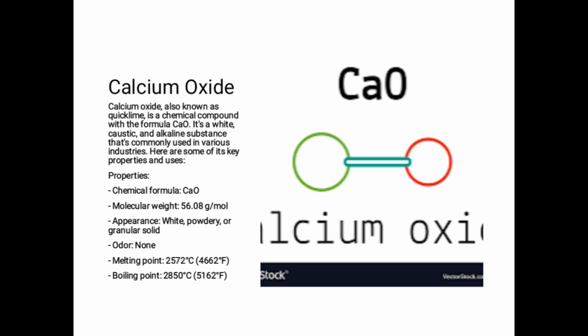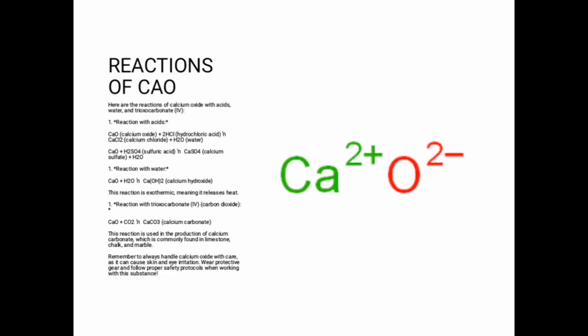The same applies when we look at calcium oxide, which is also known as quicklime. It is a white, caustic, and alkaline substance, and some of its properties include these that you are seeing there. When we look at some of the reactions, like we have said the other time, it will react with acid to form salt and water.